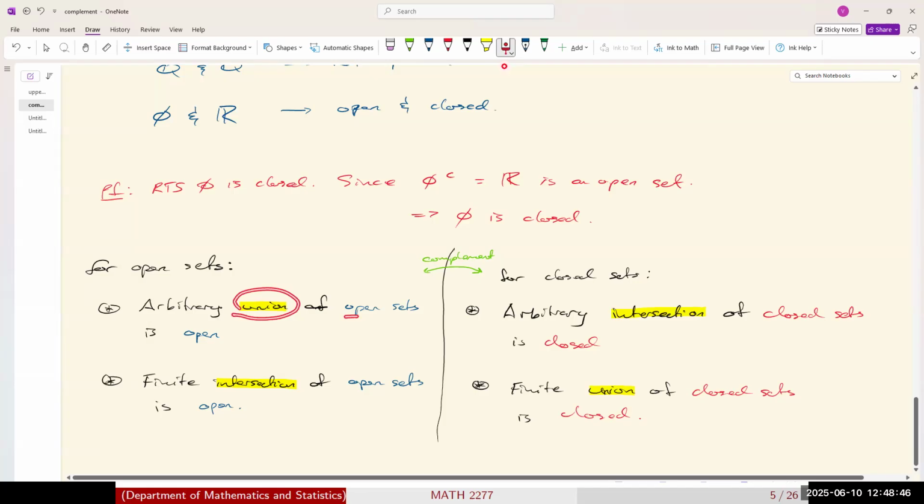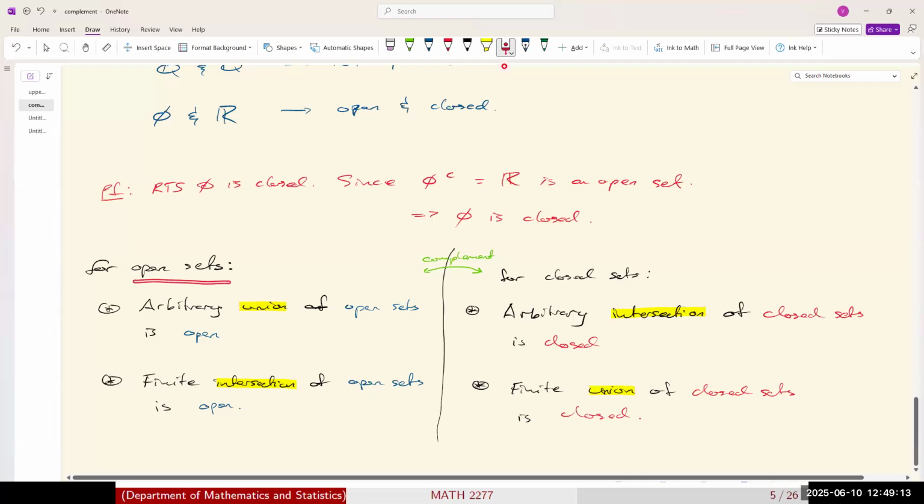Once you union open sets together, you get an open set. Now, for closed sets, once you intersect any amount of closed sets, so you could do finite intersection, infinite intersection, countable, uncountable, doesn't matter. Once you intersect closed sets, you are guaranteed to get a closed set.